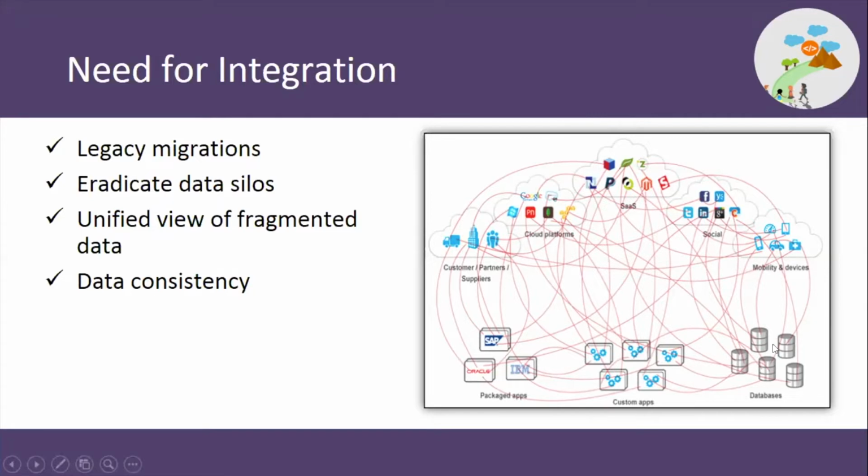You of course have multiple databases, you have some package solutions, and all these want to talk to each other because there is a lot of information that sits differently, because each of these systems caters to a different purpose, and some of the key pieces of information are distributed across these different systems, and hence it is imperative that these systems talk to each other to ensure that there is one consistent view of data, because data is fragmented across systems.